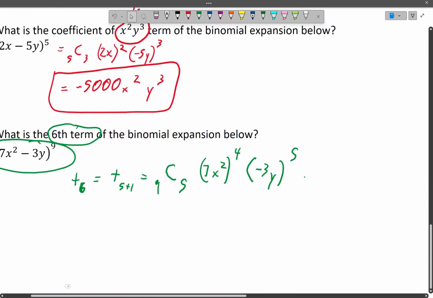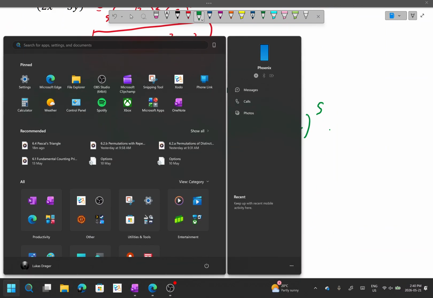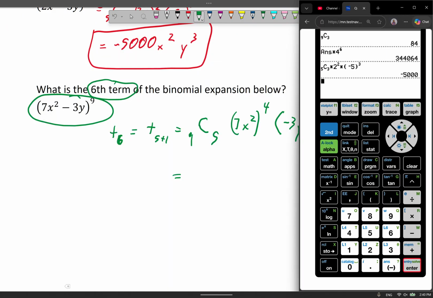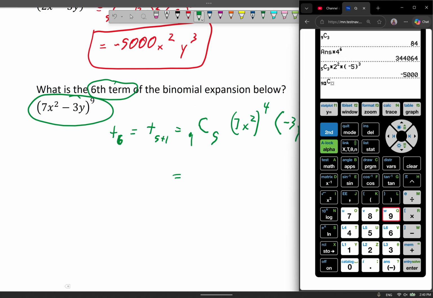So we're just following that formula, and if you do, it works out pretty nicely because we can, again, plug it into our calculator. So alpha window 8, 9 choose 5 times, and then I'm just going to go 7 to the exponent 4 times negative 3 to the exponent 5.